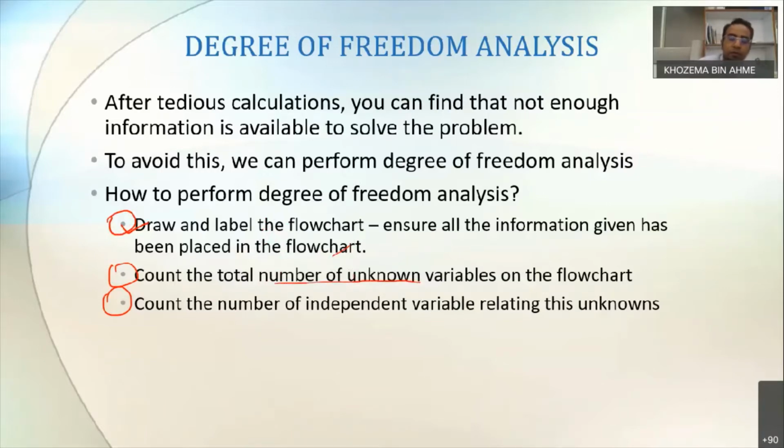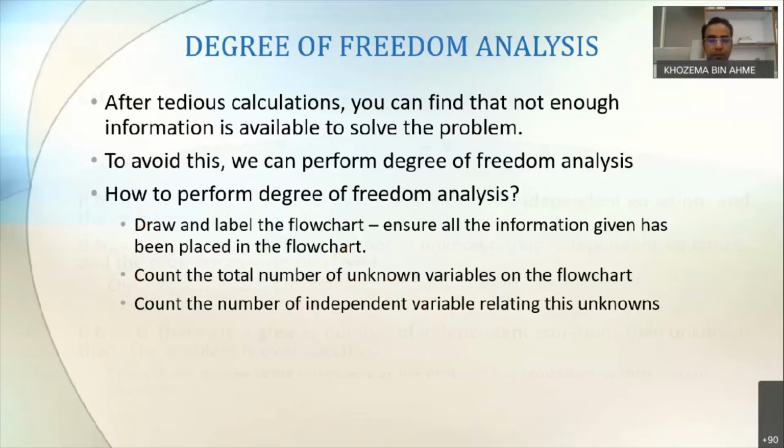Number of unknowns here means whatever value you do not know, whatever value you want to find. And the number of independent variables is whatever information is given to you and whatever relationship you can make between one variable and another in order to use them to solve for the unknown variables.